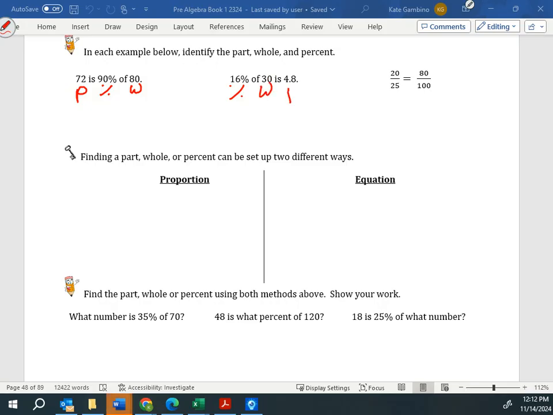So that leaves 4.8 to be the part. 4.8 is the smaller part of the whole. We can word them differently. It's still the bigger number. 72 is 90% of 80. So notice how we say 16% of 30, 90% of 80. That whole is the big number that we are breaking up into smaller parts.